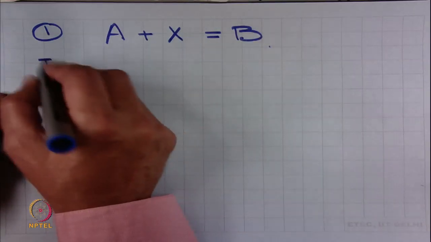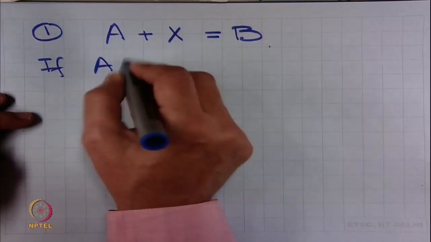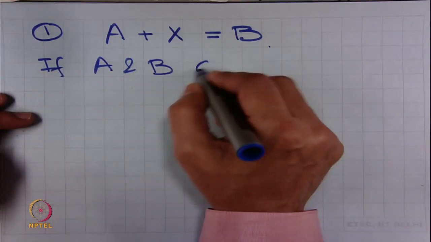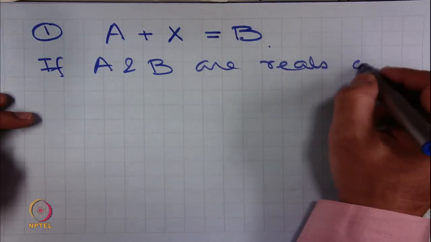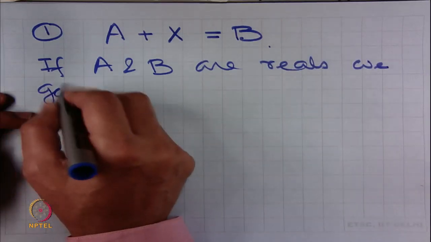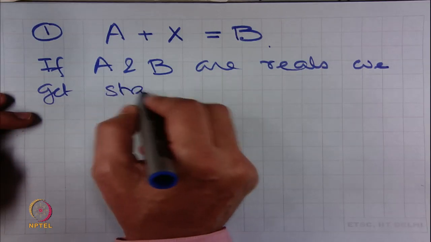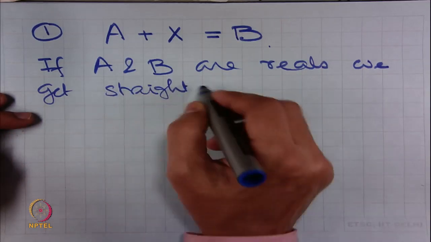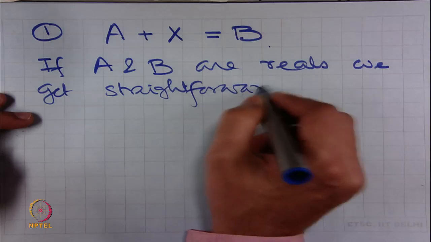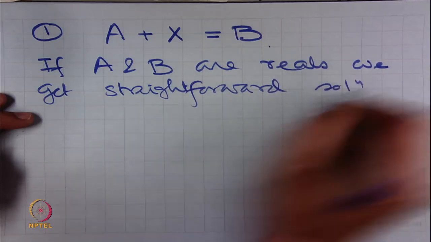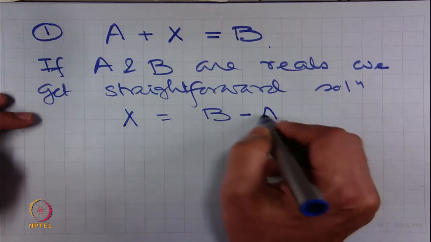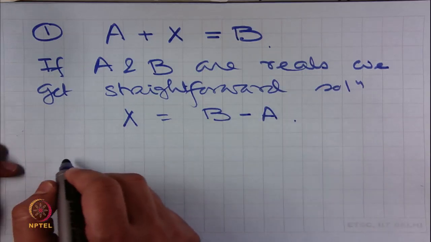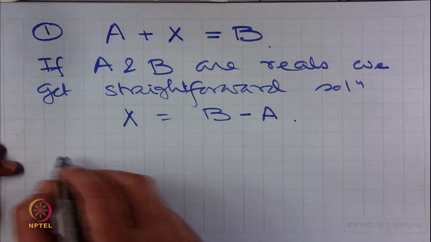Now, if a and b are reals, we get a straightforward solution, x is equal to b minus a. Does it work for fuzzy numbers?